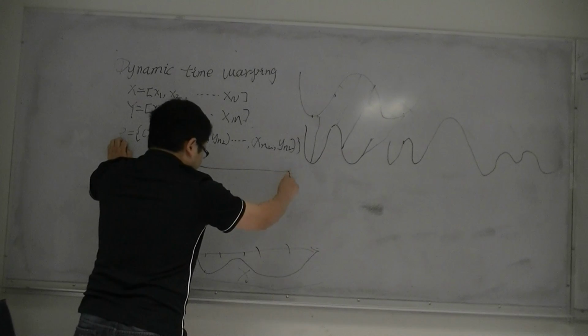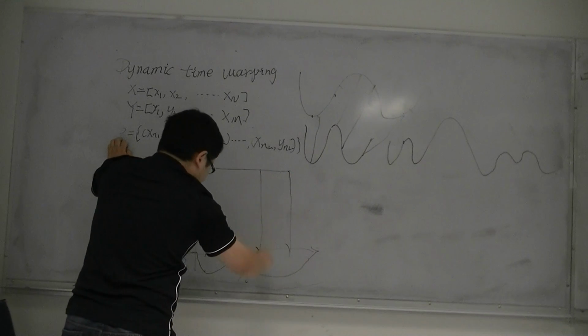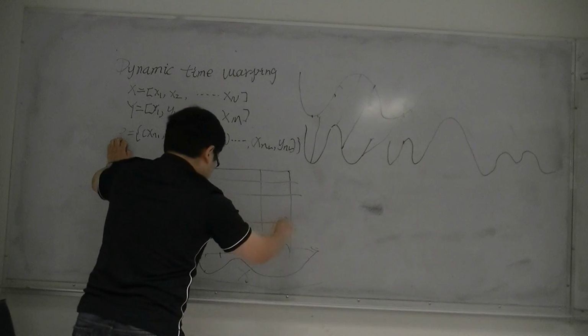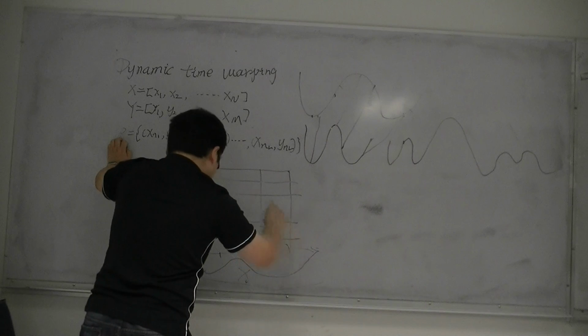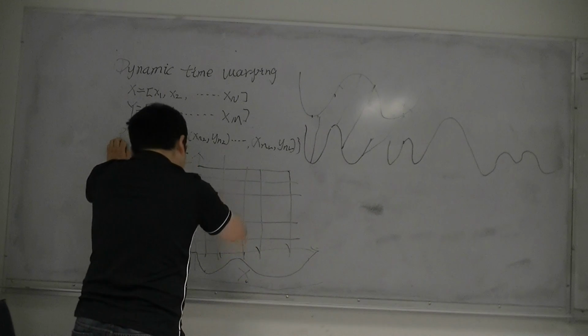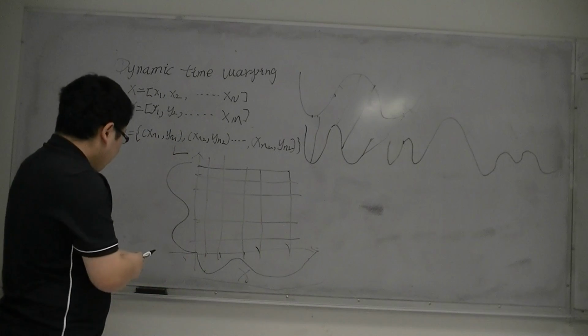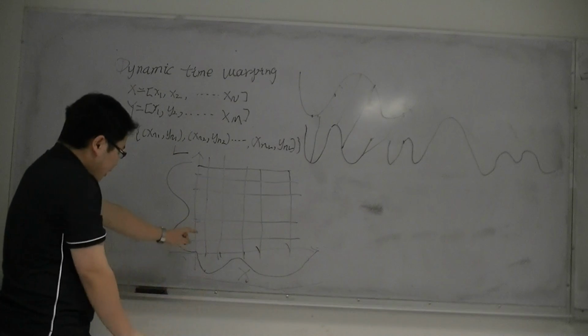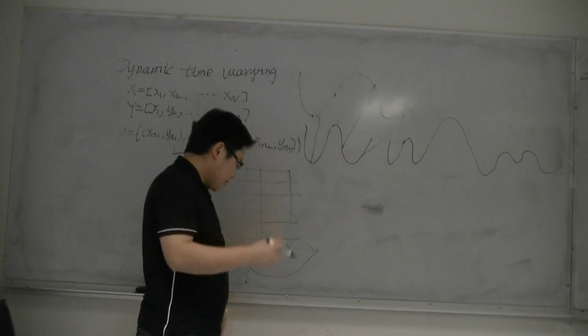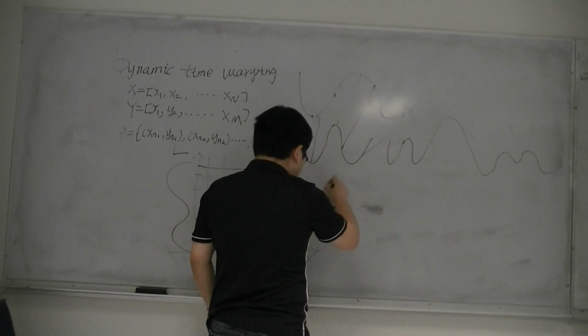Now we can form a grid like this. In every intersection, we can define Euclid or another distance, just as normal is okay.